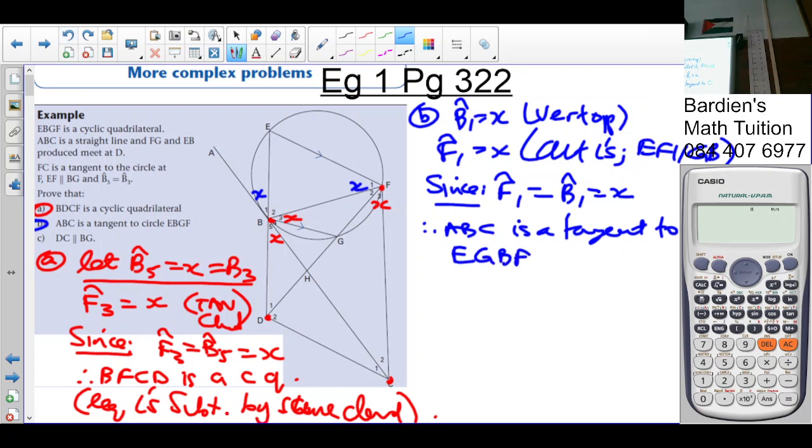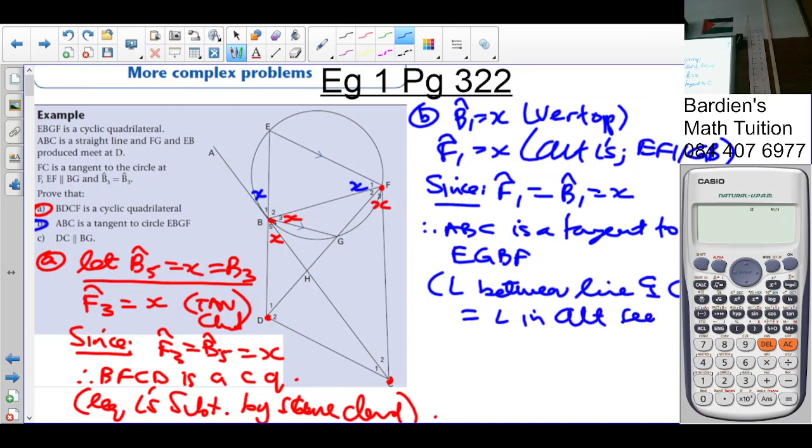Why is it a tangent? Angle between line and chord equals angle in the alternate segment. Angle between line and chord equals the angle in the alternate segment.